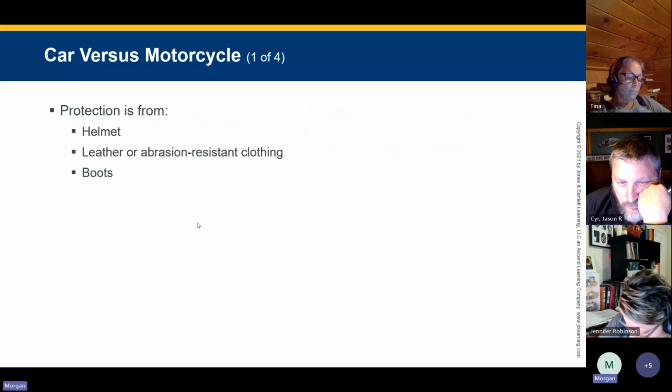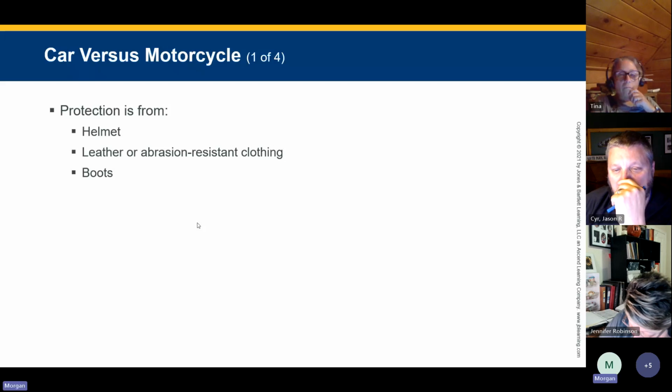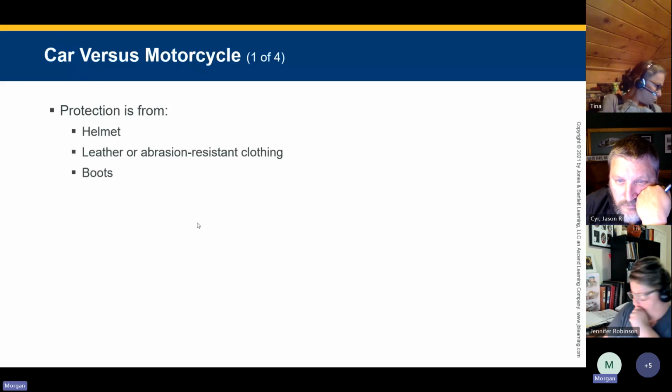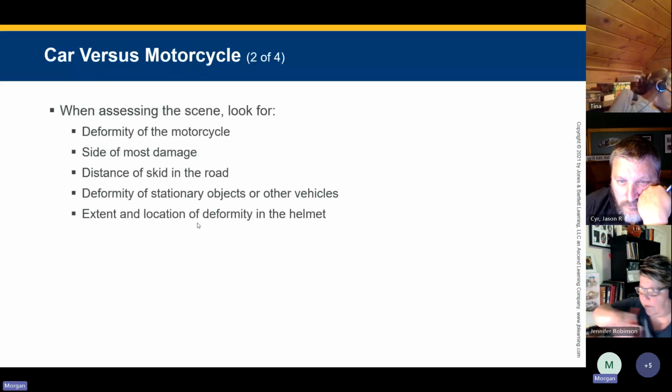So, car versus motorcycle. Protection: this is from the helmet, leather for road rash, and boots. If they're not wearing any leather, be cognizant of road rash and where it is, like how the person landed. And again, this is probably going to be a spinal injury as well.